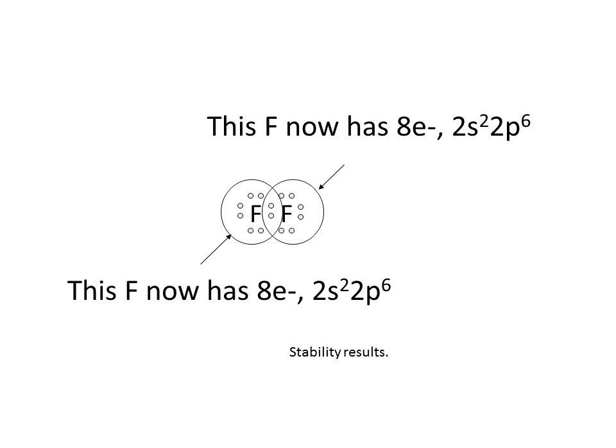If I redraw it so that the two electrons are between the two nuclei, as we usually do like this, then you can see the fluorine on the left has 8 electrons around it. It's s2p6, stable. We call that an octet. The fluorine on the right has 8 electrons around it with an s2p6 arrangement. That's stable, and we call that an octet. So we now have a stable structure, and both atoms each now have an octet and are stable from the sharing of electrons.